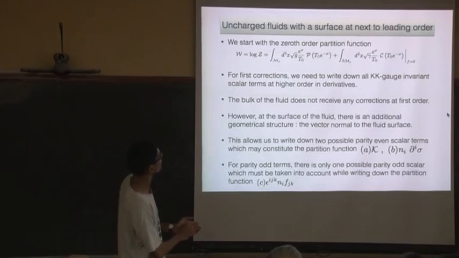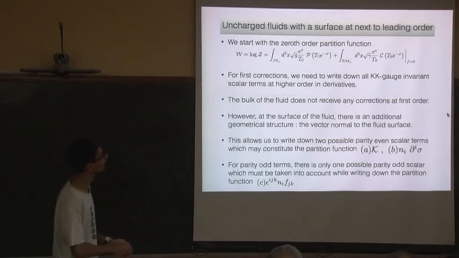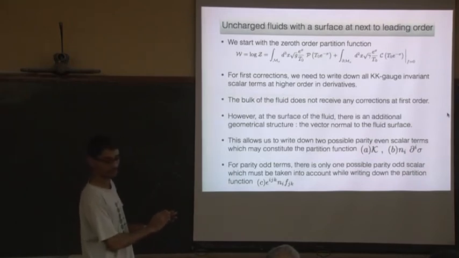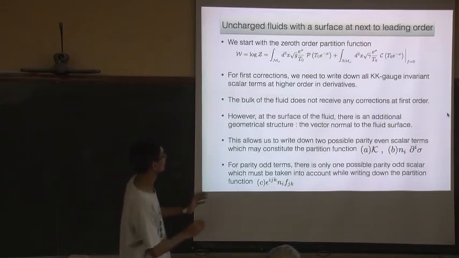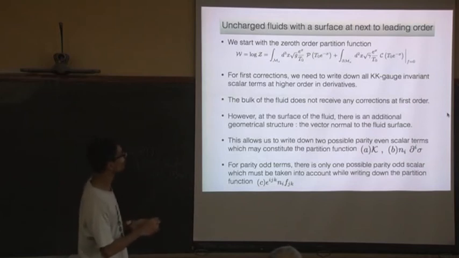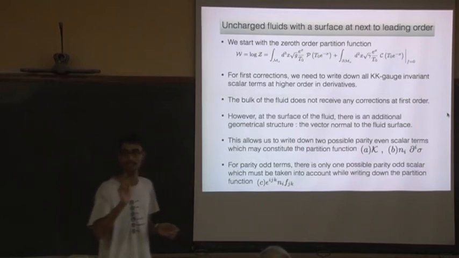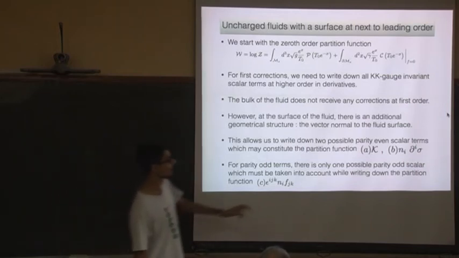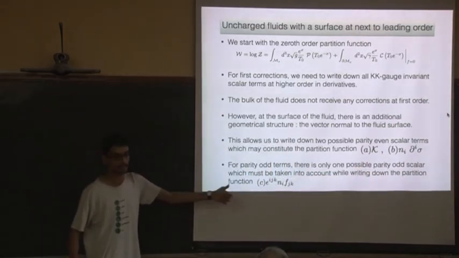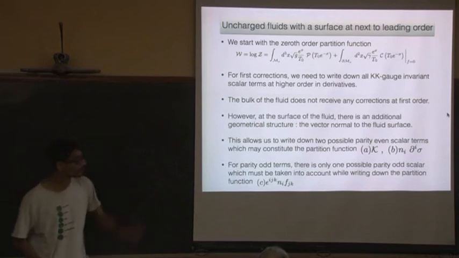For first corrections, we need to write down all scalar terms at higher order in derivatives. The bulk of the fluid does not receive any corrections at first order, which is known, a statement that you cannot write any scalar respecting the symmetries at first order. But at the surface, we have an extra entity, which is n mu. So we can write two parity-even and one parity-odd quantity in the surface stress tensor.